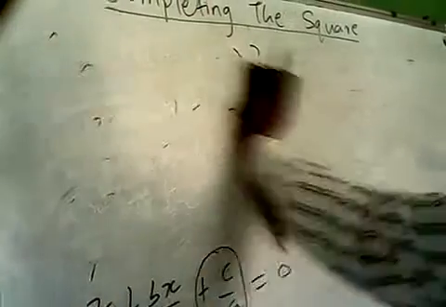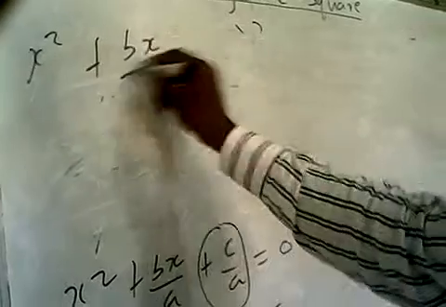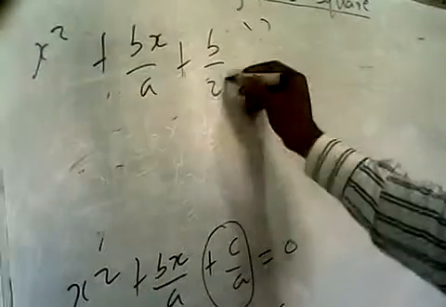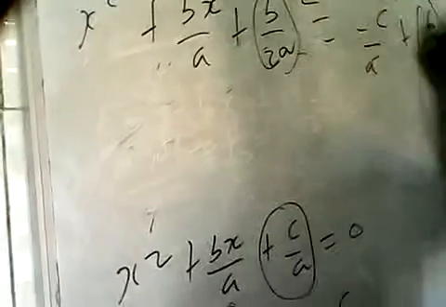We are going to have x squared plus bx over a plus b over 2a all squared equal to minus c over a plus b over 2a all squared. Remember that b over 2a all squared is the square of half of the coefficient of x. Now that is step 3.